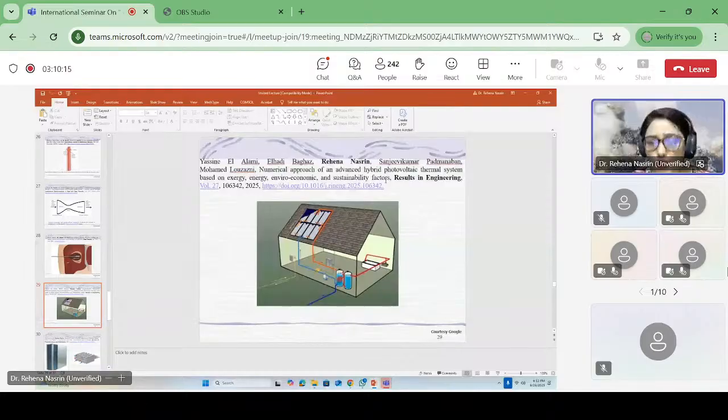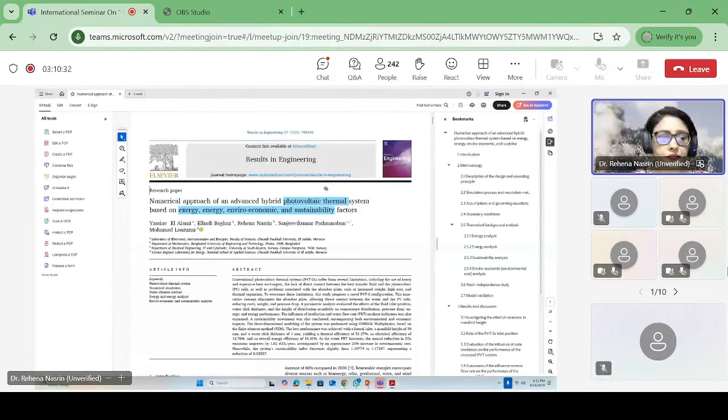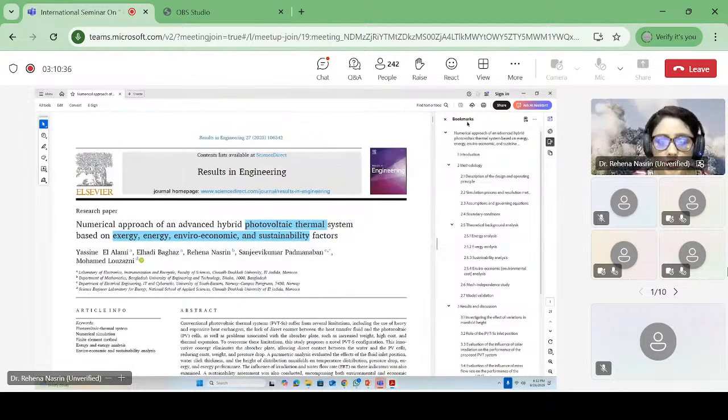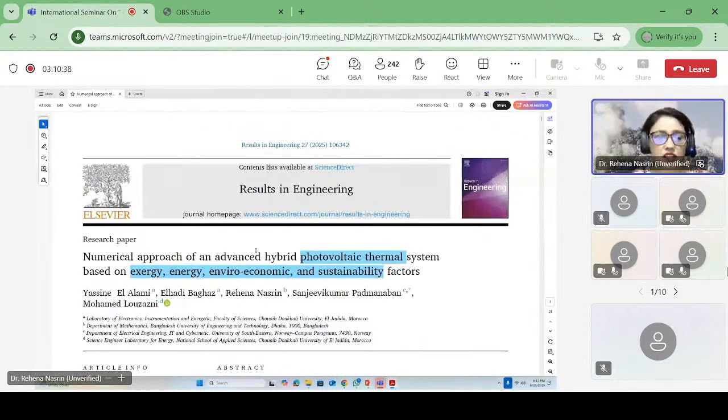So the photovoltaic thermal system is a very important device in the solar energy system. So I'm going to show you the paper. This is the photovoltaic thermal system paper.